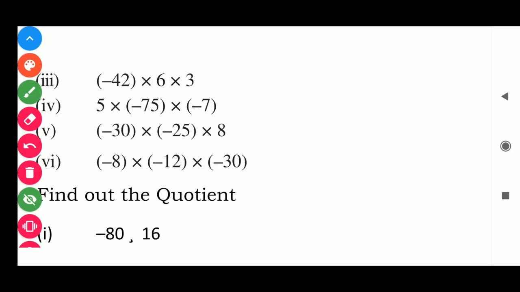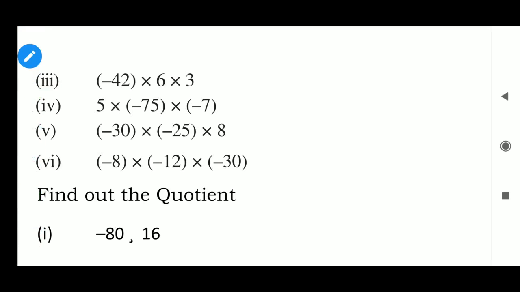Now come to the fifth question. This one is your fifth question. First of all, you can put the equal to sign, and this minus and this minus, it becomes plus, and 30 into 25. How can we multiply? 25 zeros are 0, and 25 threes are 75.